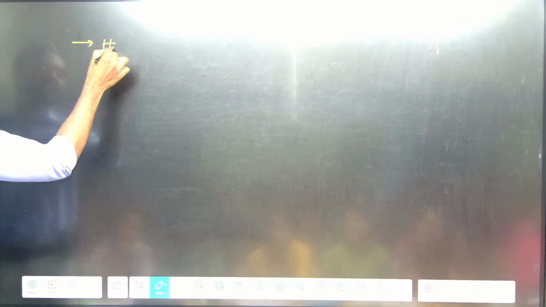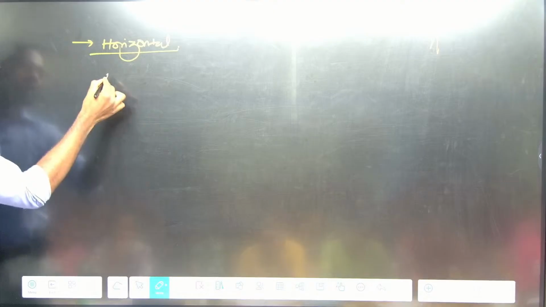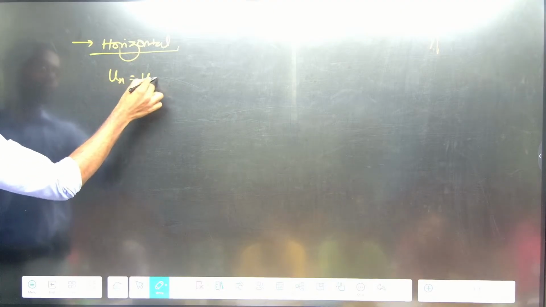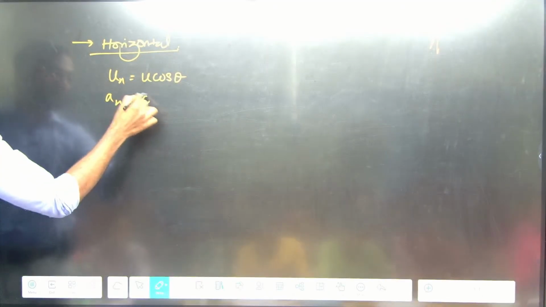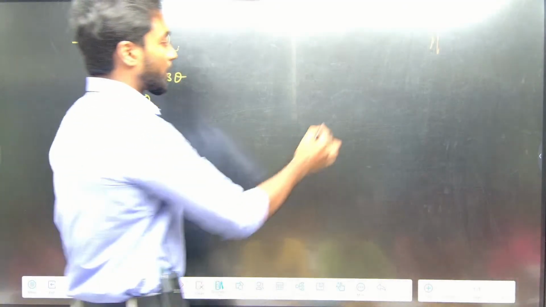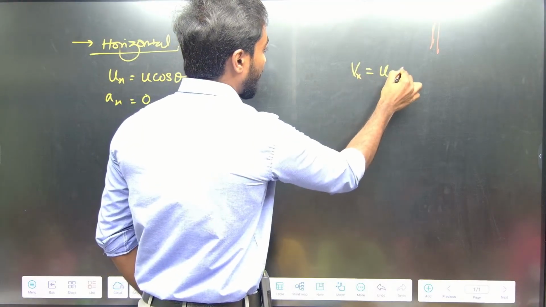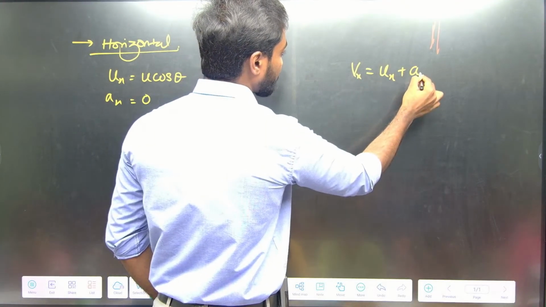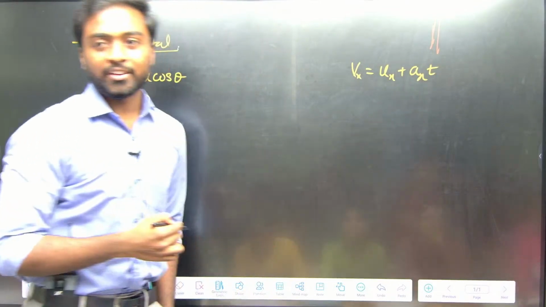So first thing is horizontal. So what are the horizontal components? ux will be equal to u cos theta, ax will be equal to 0. So now what are the equations? v in terms of x, vx will be equal to ux plus, what is this? v is equal to u plus at, no?